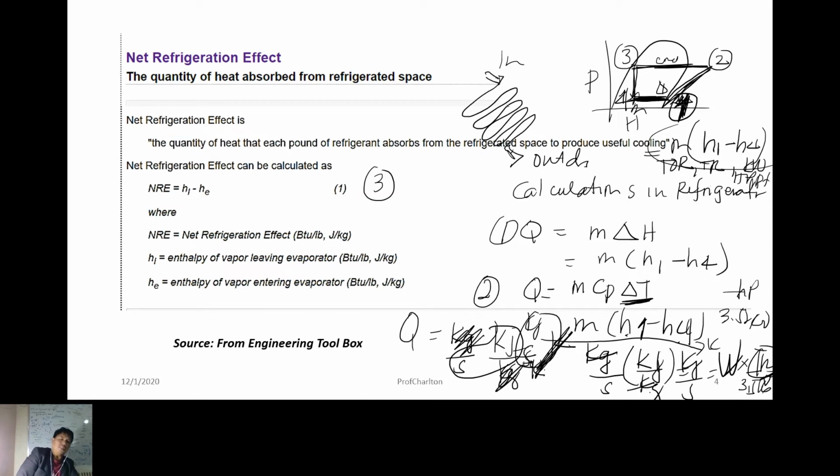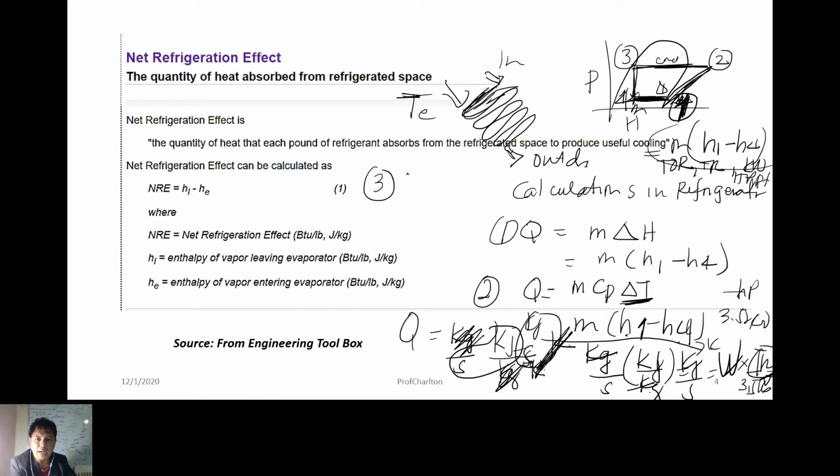So sa tubo na yan, meron kayong ika-calculate na papasok na hangin, no? Air entering, the temperature of air entering. Papasok yung hangin dyan, tapos sa loob ng tubo may refrigerant, na i-absorb nyo yung heat ng hangin, no? So, ano yung involved dito?